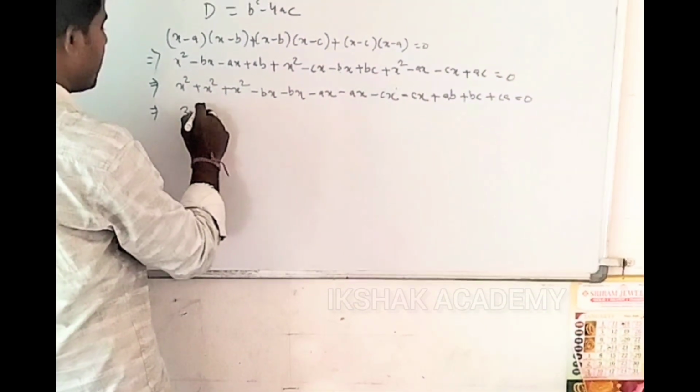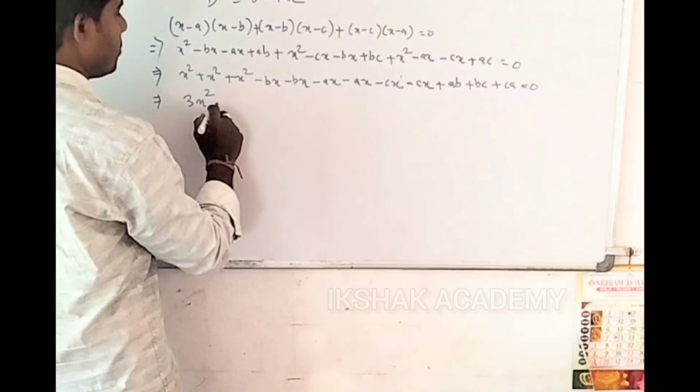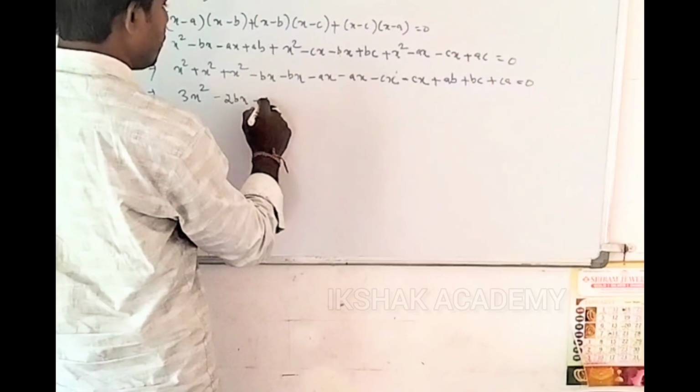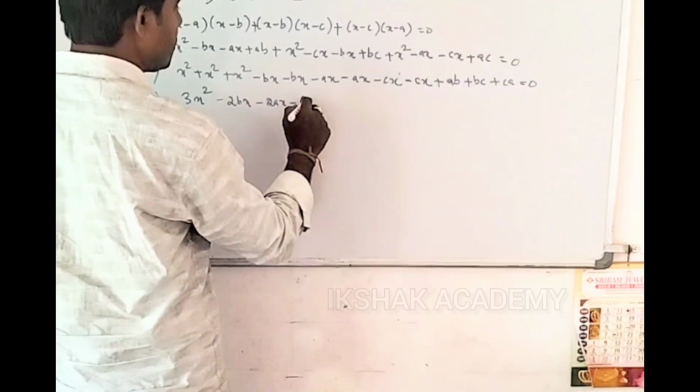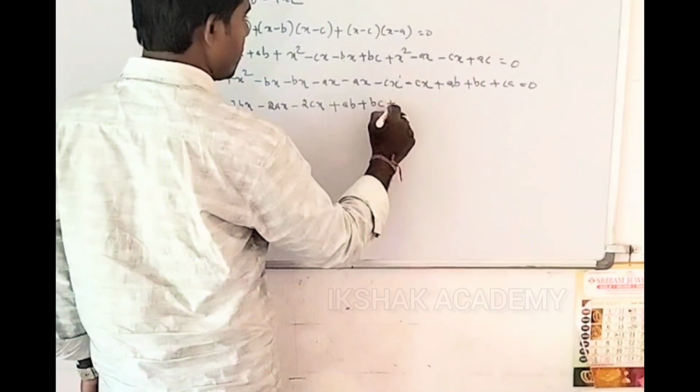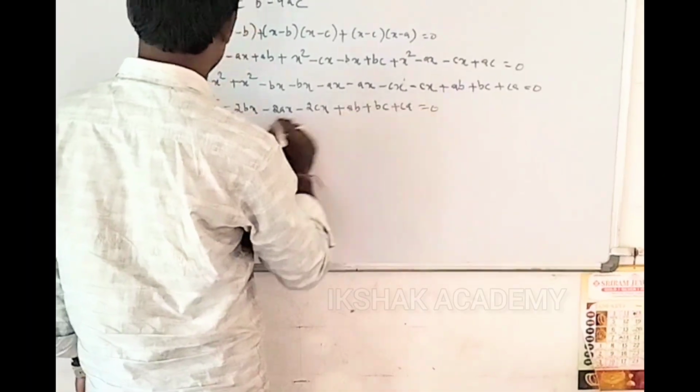So this is equal to 3x square, minus bx minus 2bx minus 2ax minus 2cx. So after this, ab plus bc plus ca equals to 0.